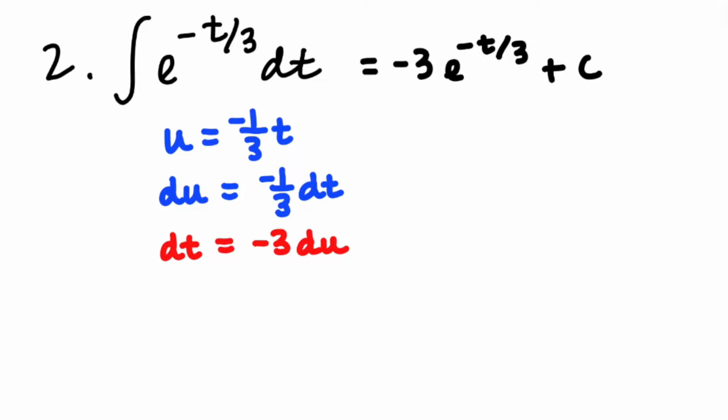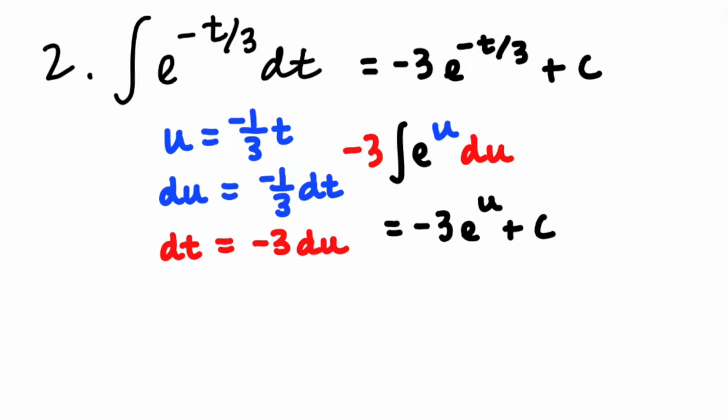Then I rewrite my integral. I'm still anti-differentiating e to some power, but now instead of negative t over 3, we call that u, and dt is negative 3 du. An antiderivative for negative 3 e to the u with respect to u would be negative 3 e to the u plus a constant. And then we can see that, using u equals negative 1/3 t, it's the same as what I would have gotten had I tried to do it mentally.